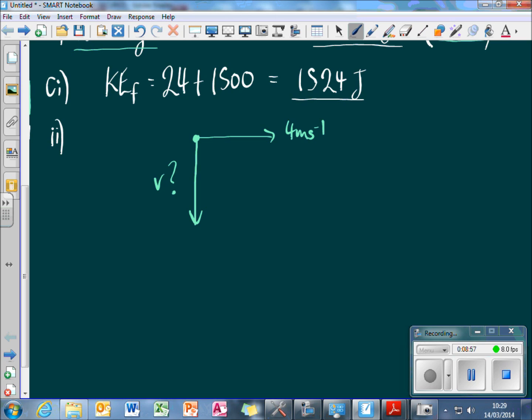And if I want the speed, which is what it's asking for, the speed is the vector addition of those two, the magnitude of those two. So, how do I find out what that is? Any ideas?